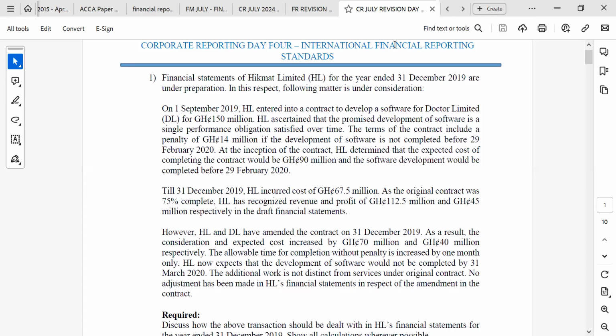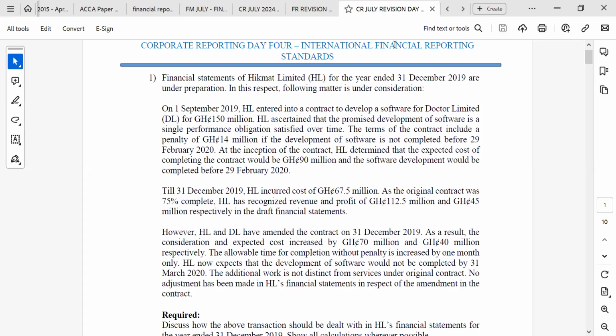At the inception of the contract, HL determined that the expected cost of completing the contract would be 90 million Ghana cedis, and the software development would be completed before 29th February 2020.